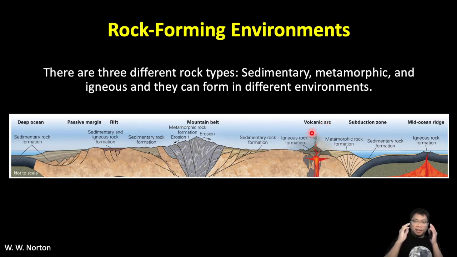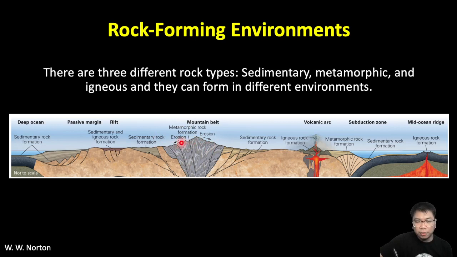And this picture right here kind of shows you the different types of environments that can create different types of rocks on Earth. If we start from sedimentary rocks, they typically involve surface processes, such as erosion and transportation.